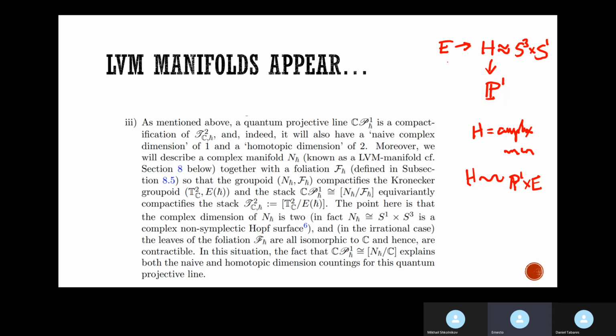If I forget this S1, what I would get here is S3, this is S2, then I would get here S1 rather than S1 cross S1. And this is a non-complex-analytic object. This is a differential topology object called the Hopf fibration.